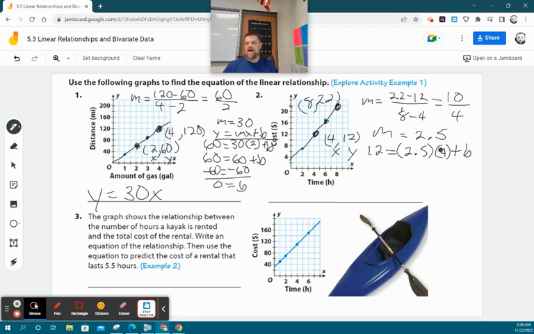What's 2.5 times 4? 10, plus b. I subtract 10 from both sides. What's b? 2. Yeah, 2 equals b. So then my equation of the line is y equals 2.5 times x plus 2.